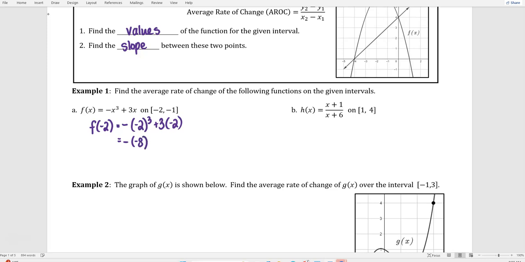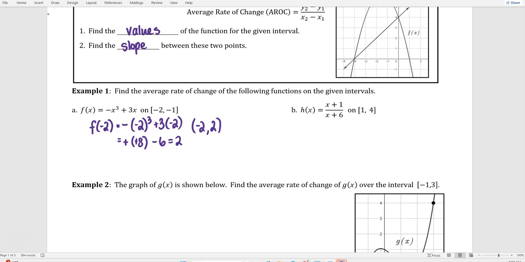And then we'll get positive 3 times -2 will give me -6 here. But where I've got the negative right here, -8, that actually becomes like a positive 8. So 8 minus 6 is 2. So the x coordinate that we plugged in was -2. The y coordinate that we got out was 2. So that's our first point that we have.